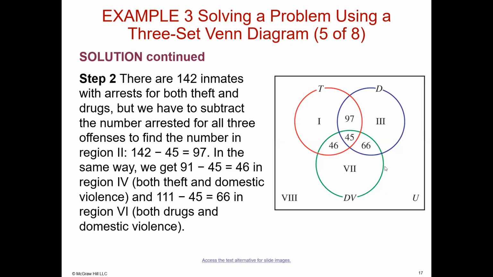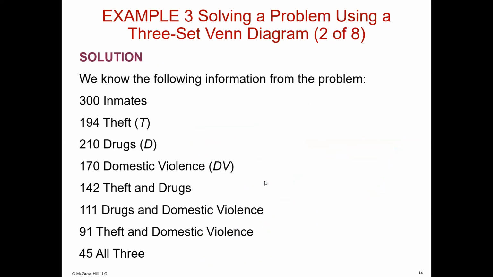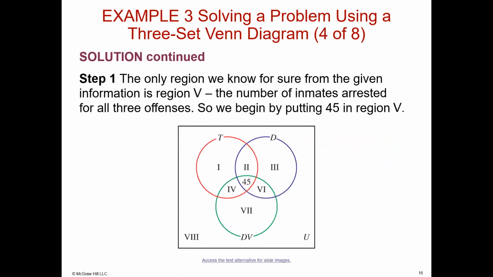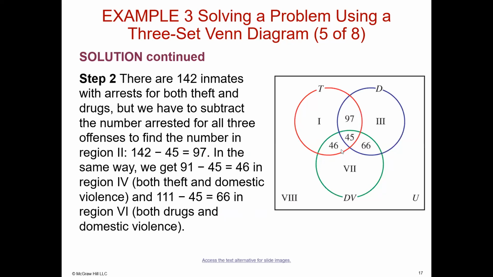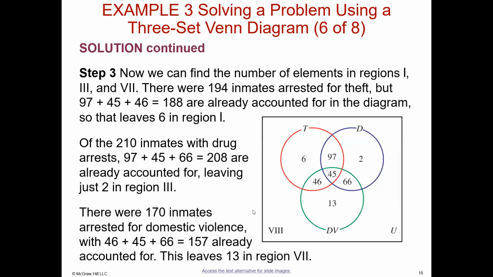There was 170 for what? Domestic violence, agree? So we're going to subtract what from 170? 46. 46 plus 45 plus what? 66. That's what we subtract from 170 to get how many people are in region 7. Okay.